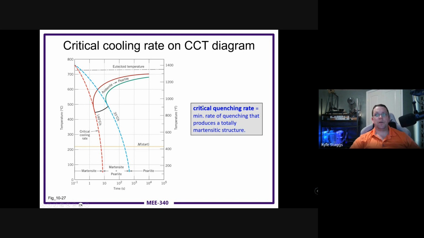So there's a critical quenching rate. So if you don't have enough oil to absorb the heat from this sample to cool it quickly enough, it'll kick up into the martensite and perlite region somewhere in here. So this is why those are important.